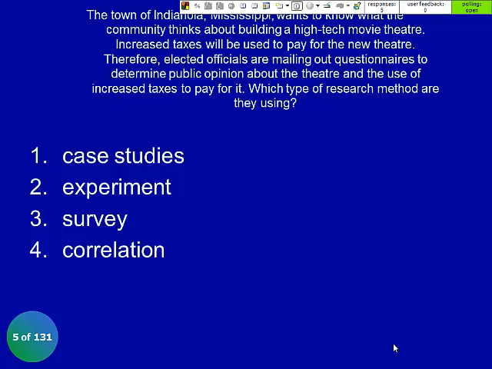Therefore, elected officials are mailing out a questionnaire to determine public opinion about the theater and the use of increased taxes to pay for it. Which type of research method are they using? Are they using case study, experimental, survey, or correlational method? Now remember, this is an application question, so you need to think about this.